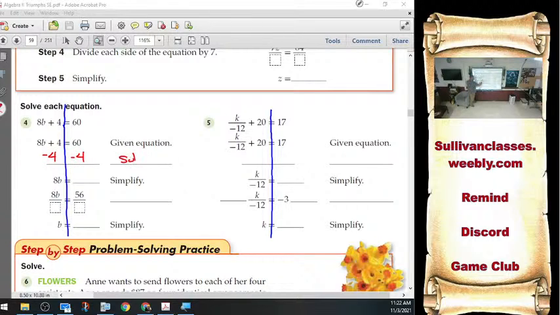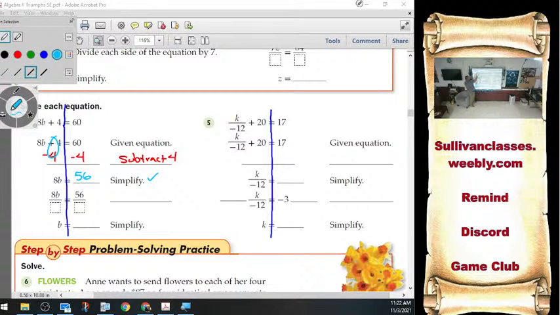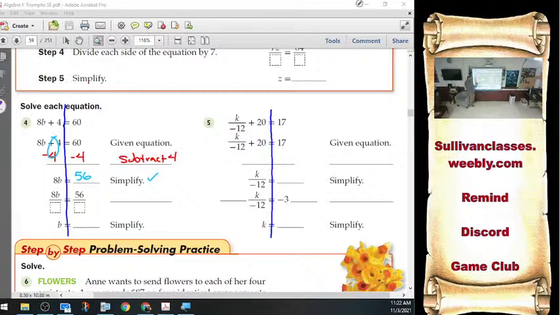Write it. If I subtract 4, I should probably say 4 minus 4 is 0. What is 60 minus 4? They already said, simplify it. Cool. If 8b equals 56, 8 is smashed up on that b, getting all gross.